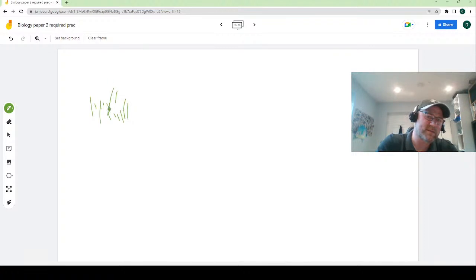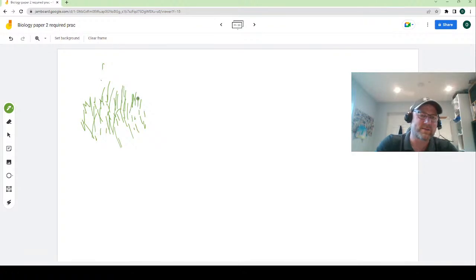Okay, here's the grass. Someone says how much grass is in the field. And let's say this is the grass. Going to be pretty hard to count, right? This isn't a field, but this is just where I'm placing my quadrat. Let's imagine this is my quadrat and it randomly lands here.